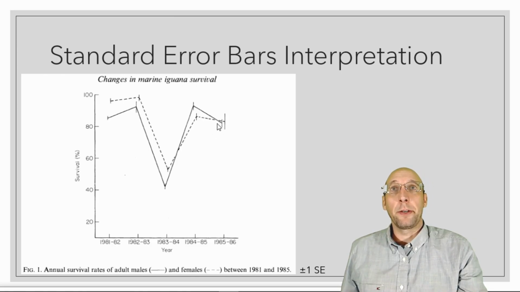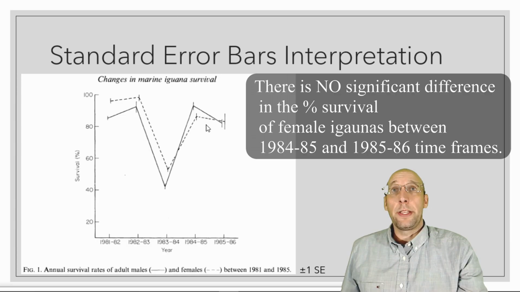These ones, this is maybe a better example. These overlap a lot. That means that there's no difference, really, between these 3 points. If these standard error bars overlap, there's no significant difference in the data.